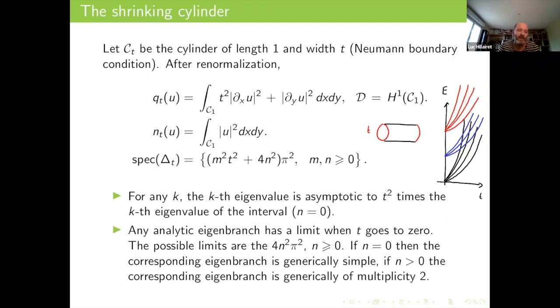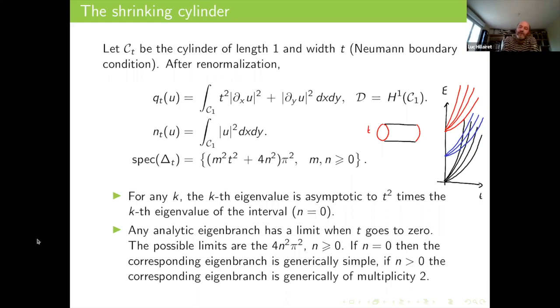If you imagine a cylinder of length 1 and width t, and say, for instance, a Neumann boundary condition on the red boundary, then you look at the quadratic form that is written here. This is the usual Euclidean Dirichlet energy form, except that the x direction is scaled by t squared.